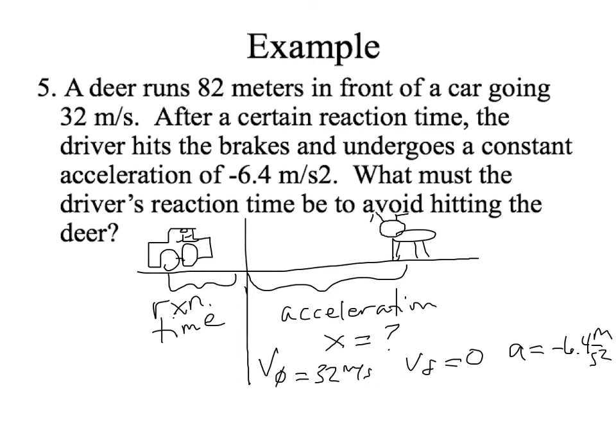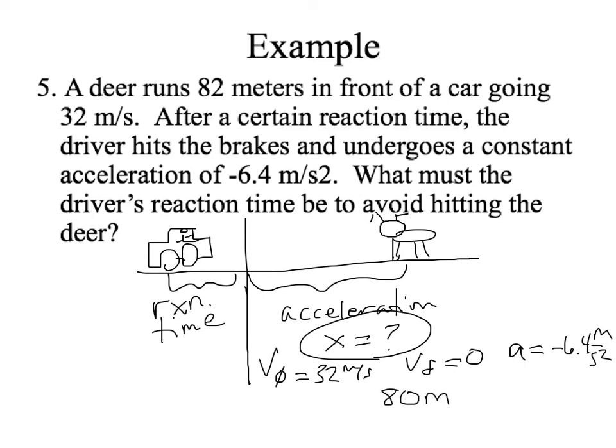You want to go ahead and find your x. You want to find how much distance do you need once that brake has been compressed. How much distance do you need to stop? And so again, the fourth kinematic is going to lead you to an answer of 80 meters.